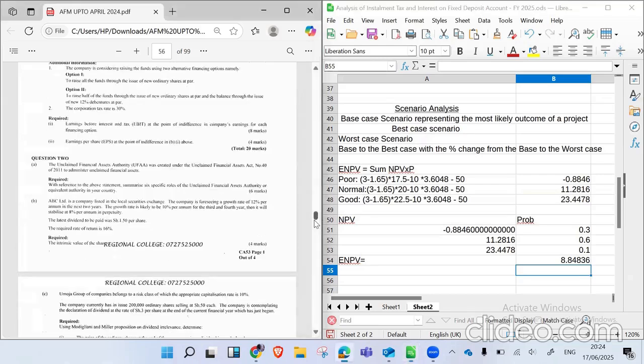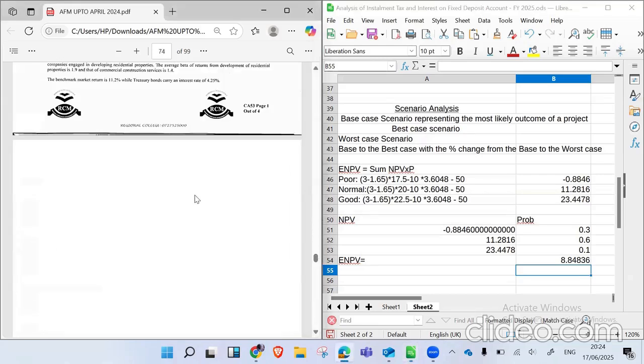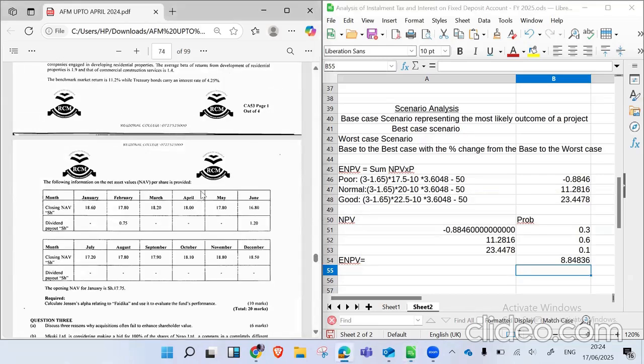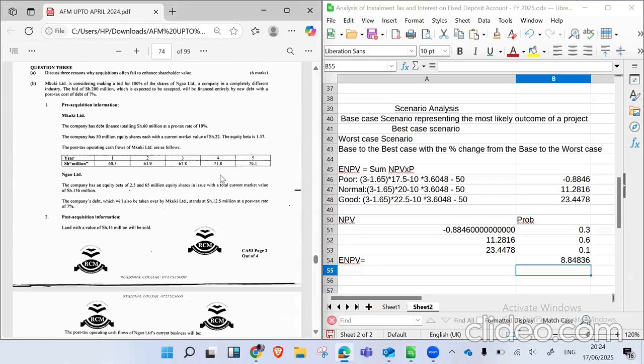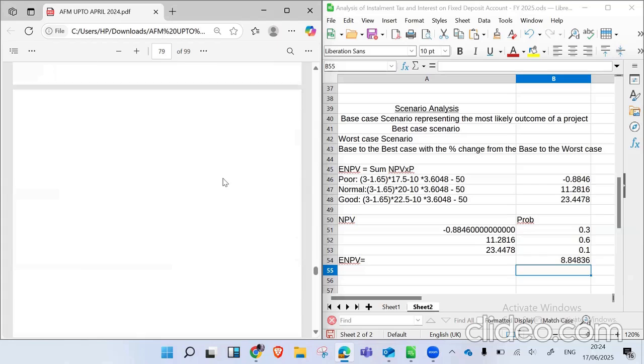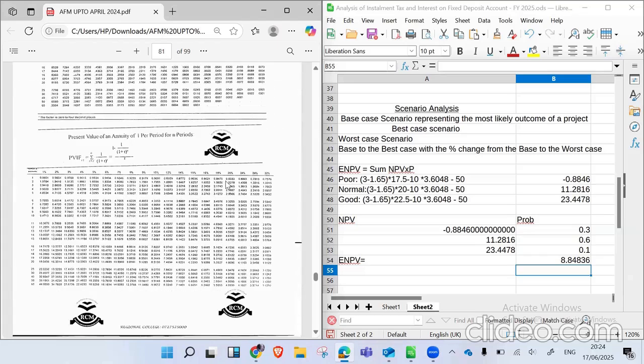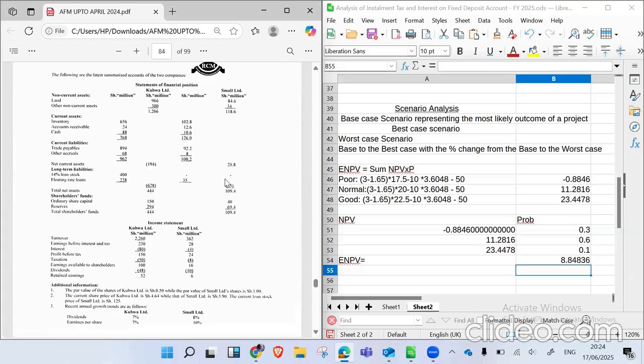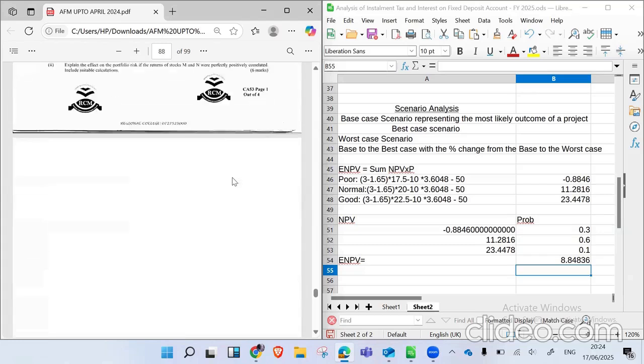Now, I think a similar question is in September 2019, September 2015, pilot paper. Should be the second last sitting. September 2015.